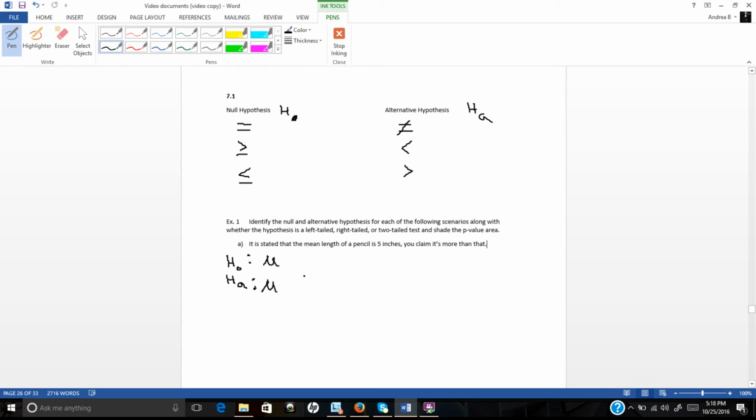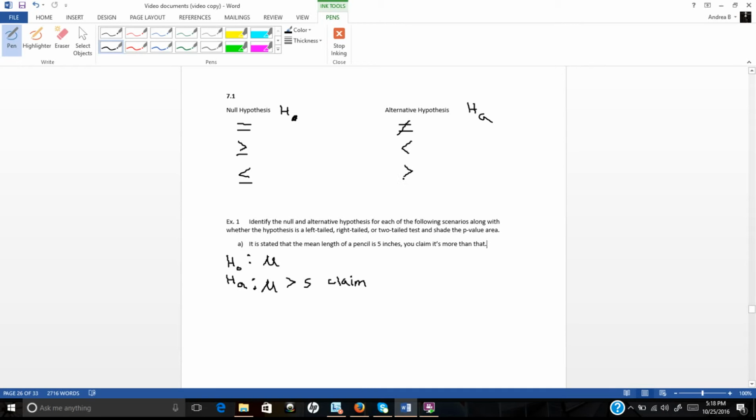In this case, we're claiming that it's more than 5 inches. The claim is normally what you'll write out first. Since it's more than, that's a greater than statement. It does not have an equal to part, so that means the claim has to go with the alternative statement. So it's a more than, that means the claim is the alternative.